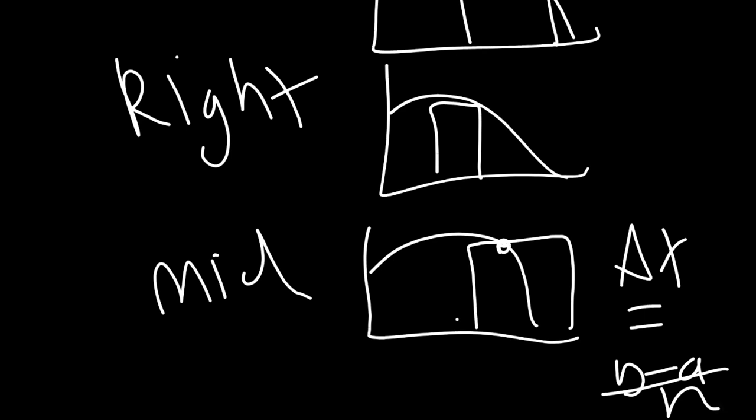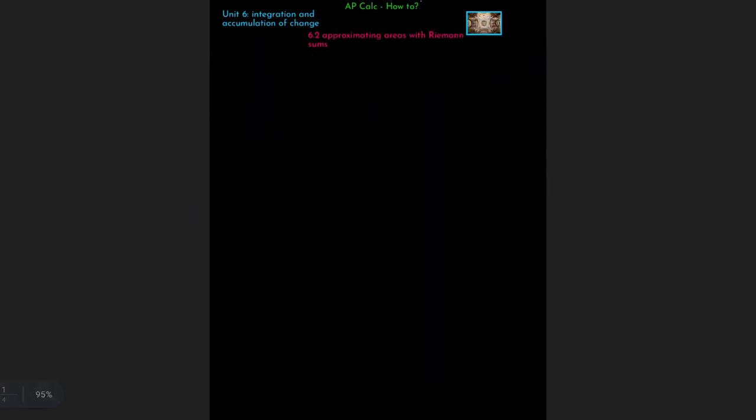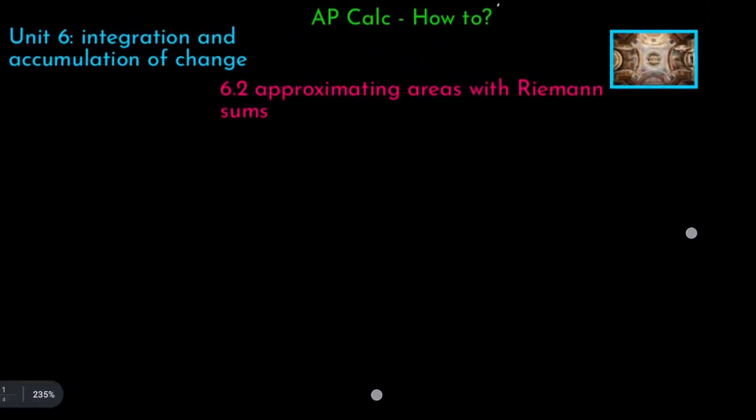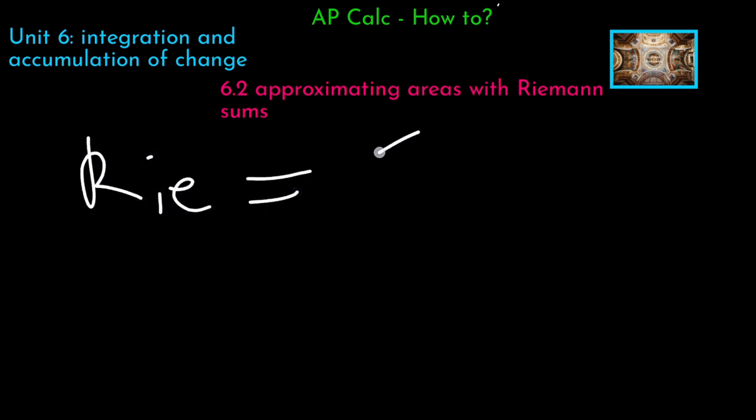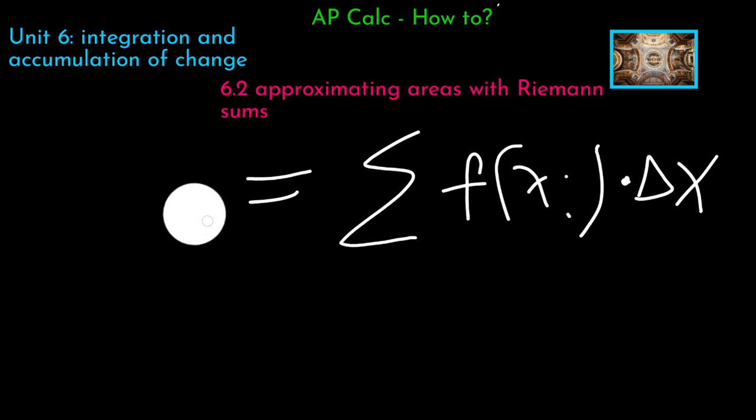So our Riemann sum formula is going to be something like this: Riemann sum equals the sum of f of x times delta x. So it's basically just your height times your width. So let's start and practice on each kind, starting off with the left Riemann sum.